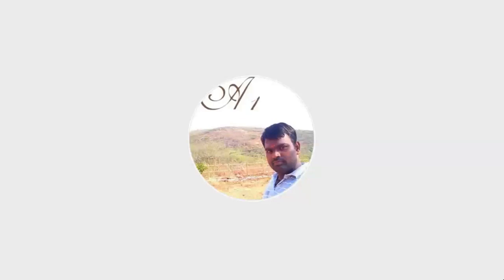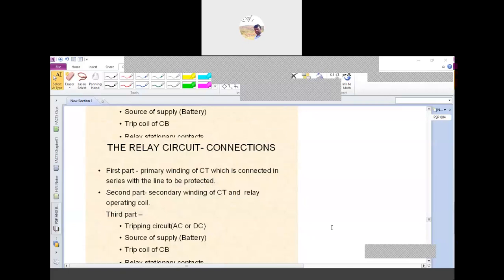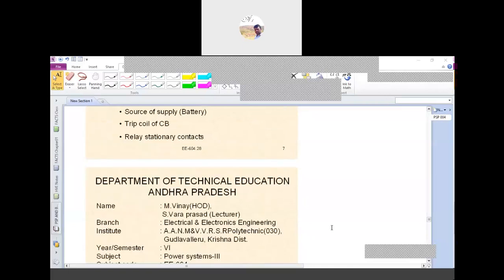Next we have the electromagnetic induction type relay, which is an induction based relay.